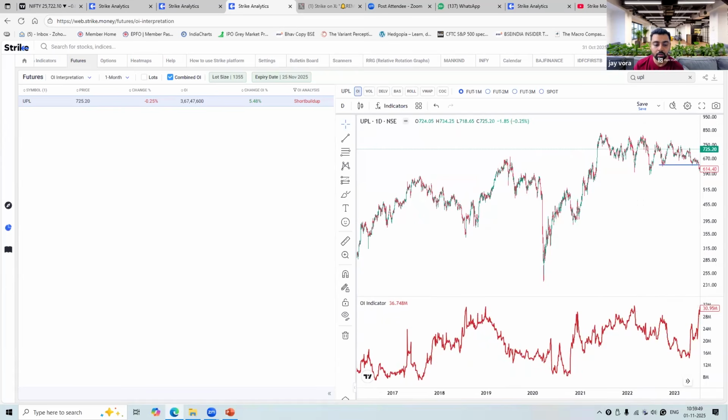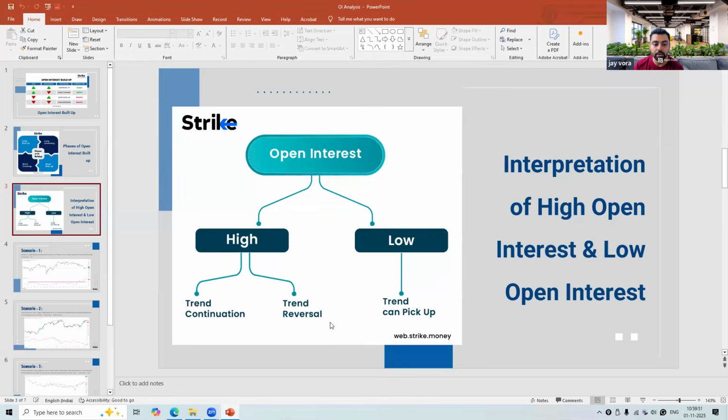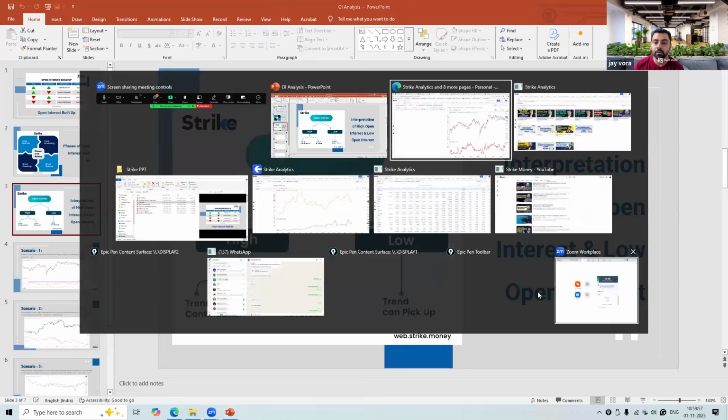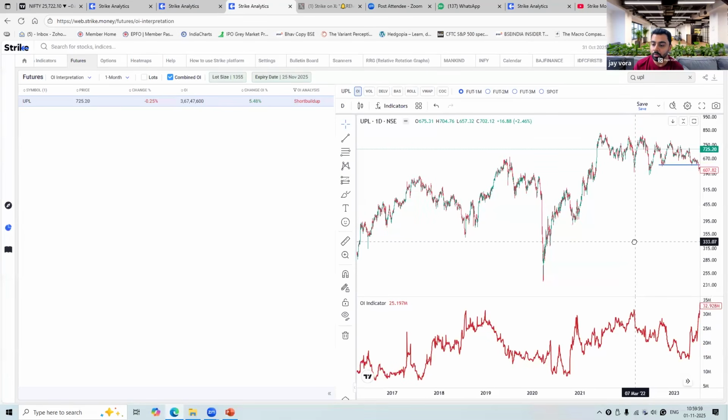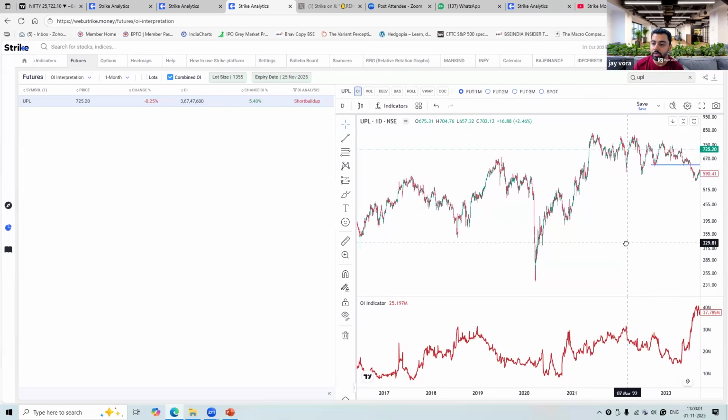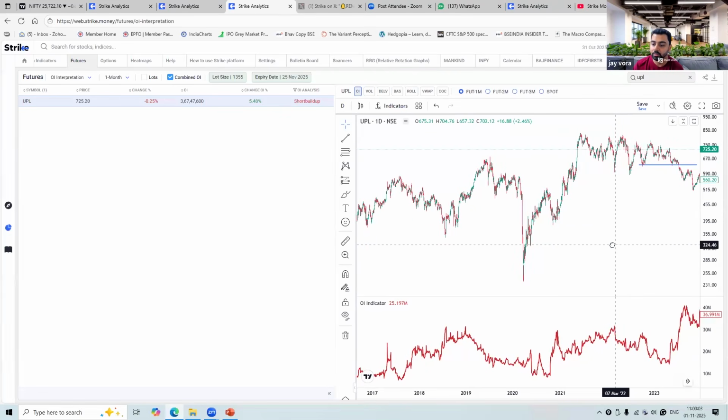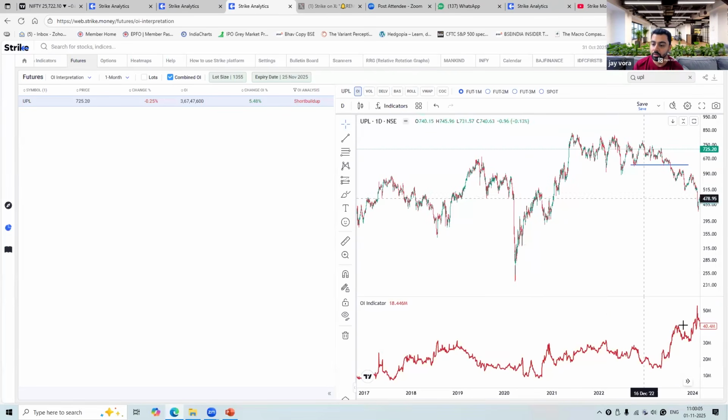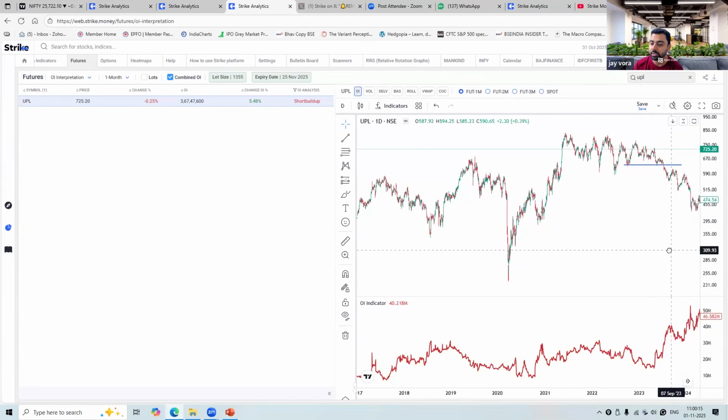Now as Jay told, either it can be a trend continuation or a trend reversal. What ended up happening was that there was a breakdown, and after that you can see the open interest kept rising higher. When there were minor pullbacks, the open interest used to come down, and once again when the shorting started again, the open interest started rising higher.